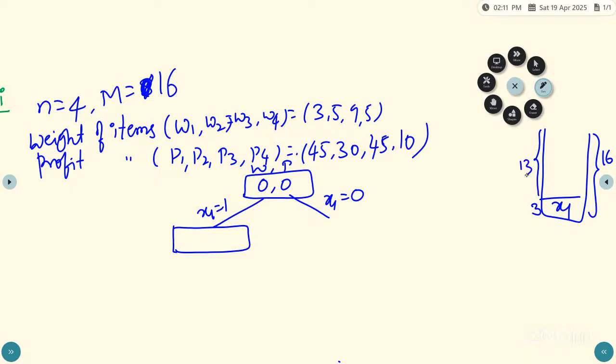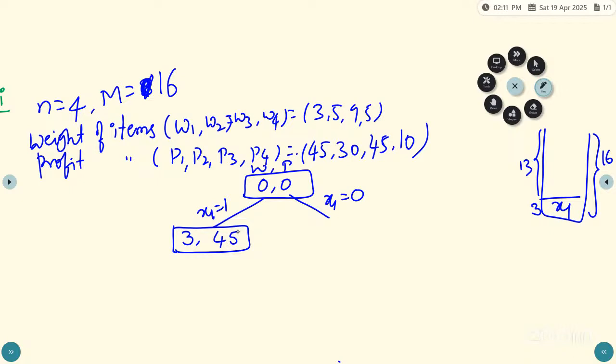So when the item is selected, the weight becomes 3 units. Then profit, what is the profit? First item profit 45 units. So that is the first item selected.